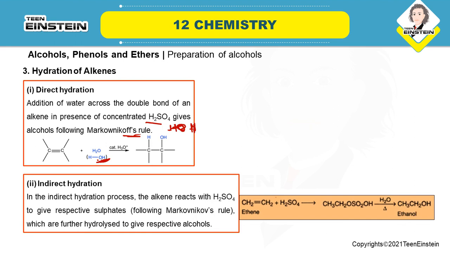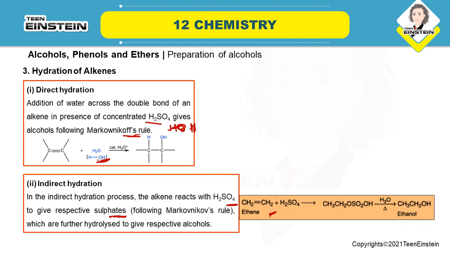Indirect hydration. So when it is indirect hydration, the alkene reacts first with H2SO4, not water. And what does it give first? It gives first a sulfate, following Markovnikov rule. So look at this example. We have taken ethene, very simple ethylene, very simple alkene.